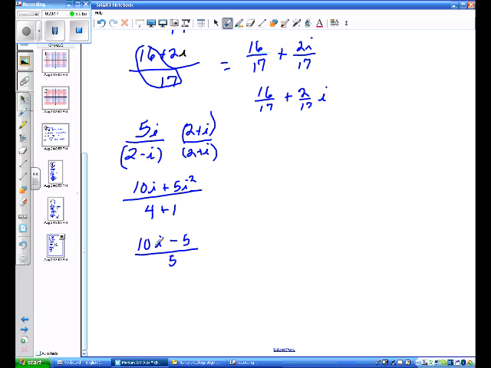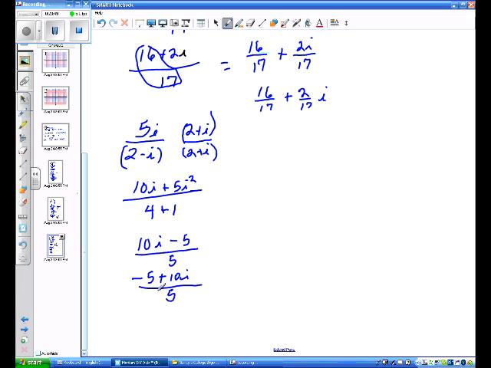Now, I mentioned earlier, this isn't the correct form to write your complex number in. We always write the real term first. So we're going to switch it around, and we'll have negative 5 plus 10i over 5. We want to check to see if we can reduce. Now, to be able to reduce, you've got to be able to divide both your real part and your imaginary part by the same thing you're dividing your denominator by.